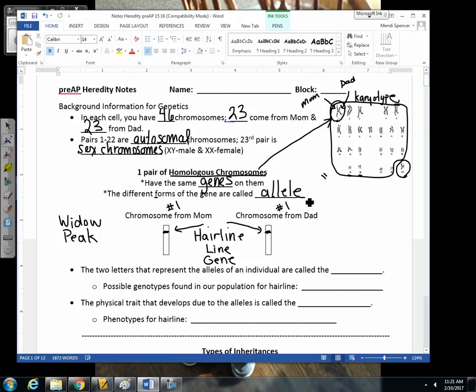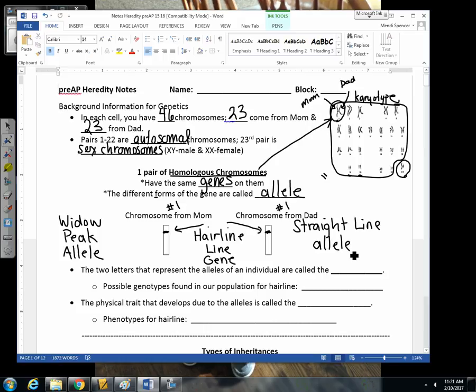So for mom, you inherited an allele for that gene that codes for widow's peak. Over here, let's say from dad, he passed on a chromosome that contains an allele for straight hairline. So let's put straight hairline allele. That's what I mean by alleles, are the different forms of the same gene.